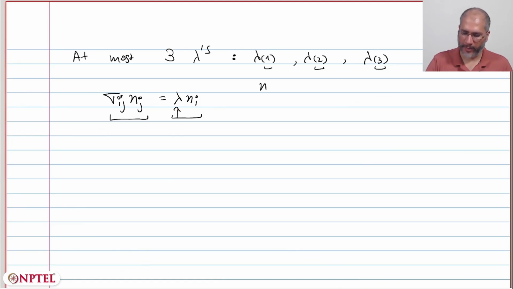So we have an n1 hat corresponding to lambda 1, an n2 hat corresponding to lambda 2 and an n3 hat corresponding to lambda 3. In fact, you should see it in the reverse order: for a given vector n1 hat, if you multiply that with sigma, that is sigma ij n1j, you get a lambda times n1. So let's write it down.